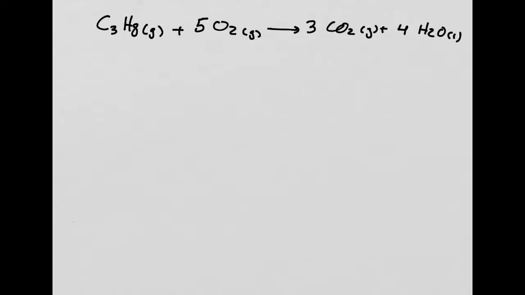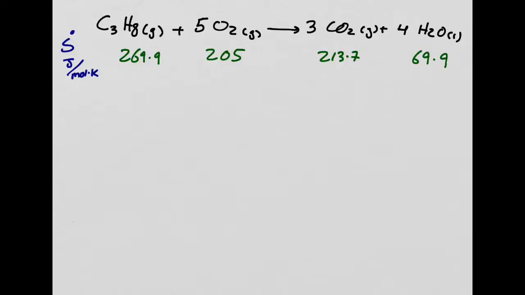This is a combustion reaction. Now, I want to give you the entropy values in joules per mole K. I looked these values up. I wouldn't know them until I look them up. You can look them up in your textbook.